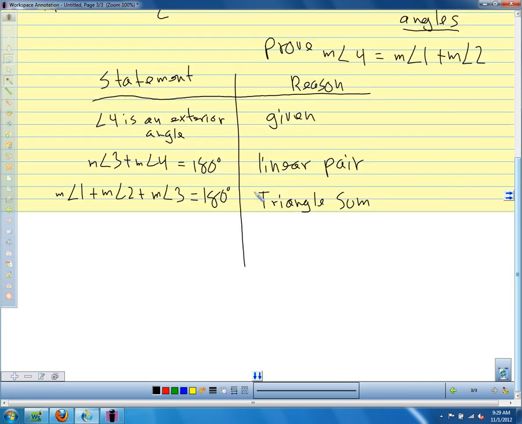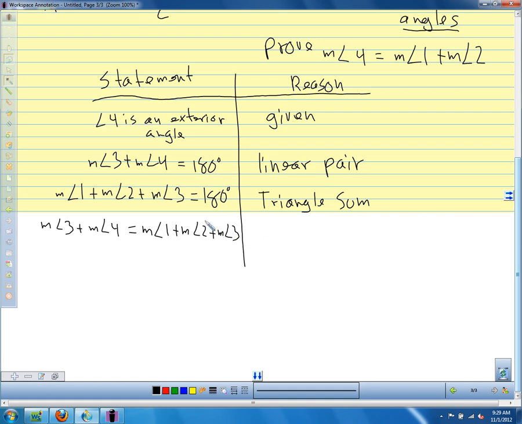Now, we know that these three added up together equal 180, and these two added together equal 180. So what do we know about these two things? They're the same. They each equal 180, so they have to equal each other. So I'm going to say that the measure of angle 3 plus the measure of angle 4 equals the measure of angle 1 plus the measure of angle 2 plus the measure of angle 3.